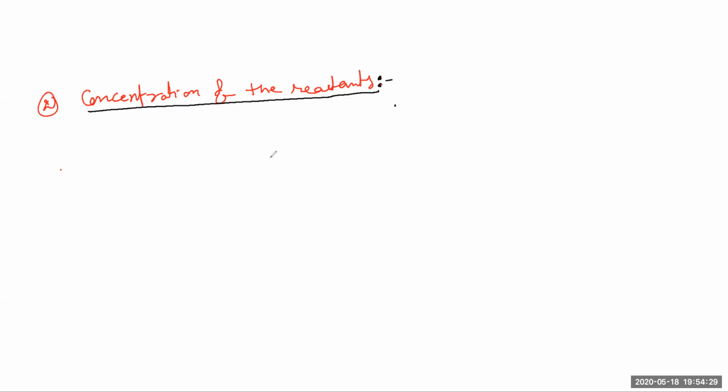When the concentration of the reactants increases, the rate of reaction increases. How does it increase? By the number of collisions. When concentration of the reactants increases, the number of collisions per unit time increases. Number of collisions per unit time is nothing but collision frequency. That means the collision frequency is directly proportional to the rate of reaction. Take note.